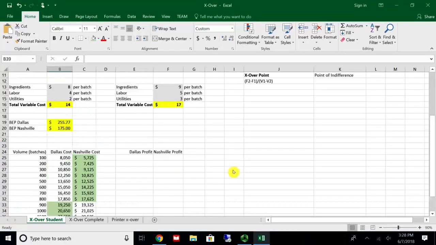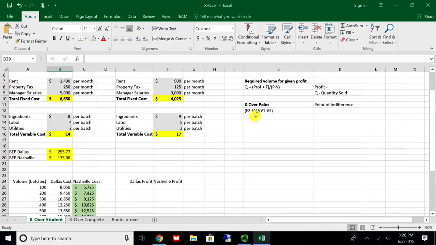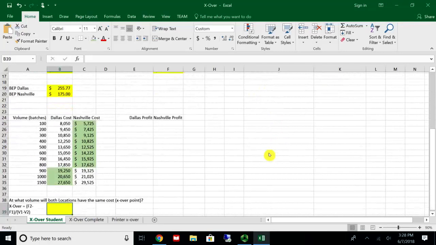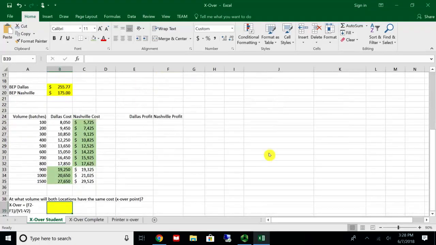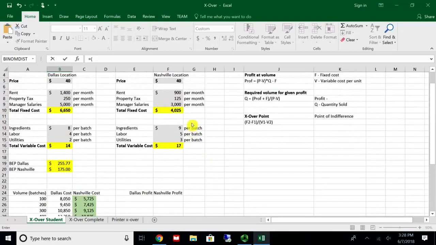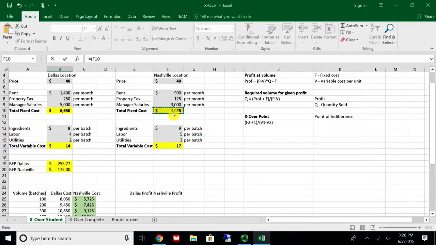So we go back to that formula that we had up here. It's just the differences in fixed cost divided by the differences in variable cost. So let's see if we can put that in. I want fixed cost 2 minus fixed cost 1. So fixed cost 2, which is Nashville, minus fixed cost 1, which is Dallas.